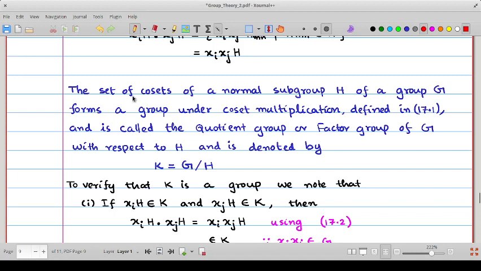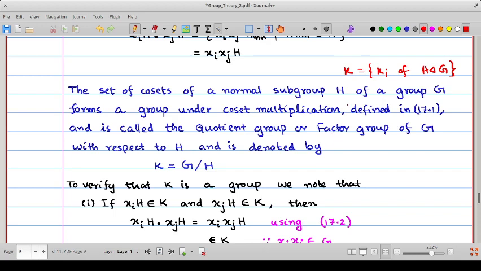Now the set of cosets of a normal subgroup H of a group G forms a group under coset multiplication. So the elements of the new group, which we call K, are the cosets Ki of the normal subgroup H of the group G. So Ki are the cosets of the normal subgroup H. Now this set of elements, under the group composition defined by the coset multiplication that we just defined, forms a group.